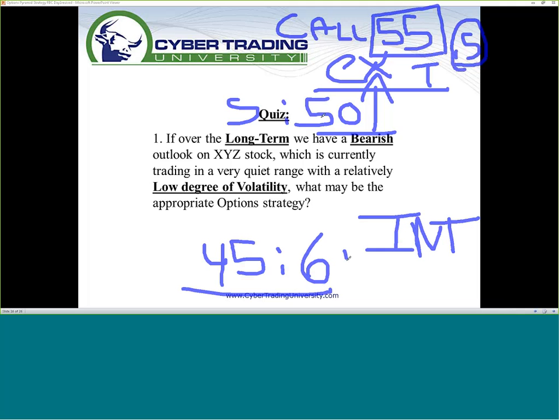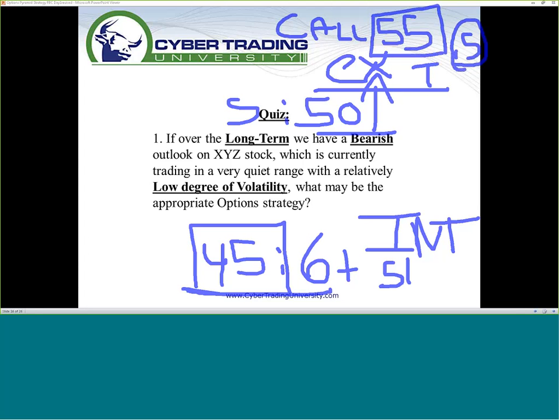Because 45 plus 6 is 51. Isn't it cheaper just to buy the stock? Yeah, it is. Except that as long as this option contract exists, I will always have the right to own the stock at 45. What if it goes to 60? I could exercise that option contract at 60 and buy the stock at 45. So that'll be worth 15.